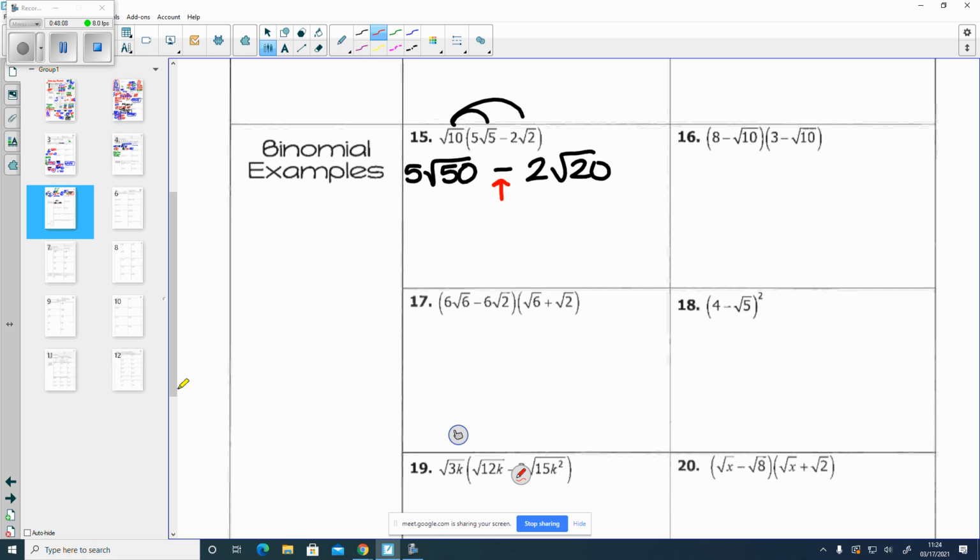So I'm not going to go through all of that because I'll run out of time. All right, so what do these have in common? They're square roots, so you want to try and get rid of them. 10, but then you're going to be left with 5 and 2, and neither of those are perfect either.